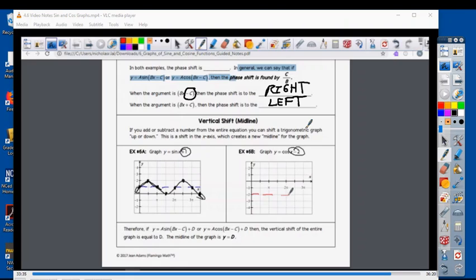Now, vertical shift of the midline. Here we just have sine of x plus 1, and so that shifts the midline up 1. And cosine of x minus 2, you shift the midline down 2. But make sure you plot that function. This function would look like as such.